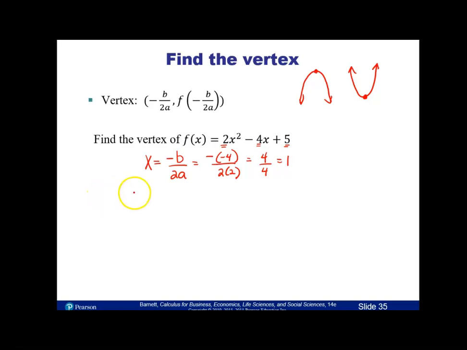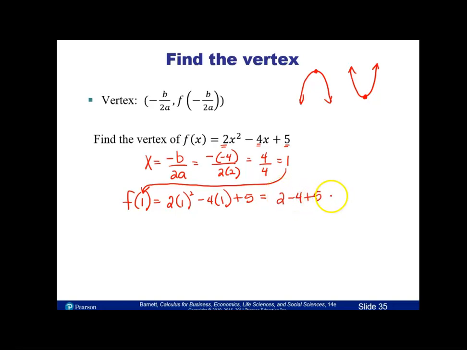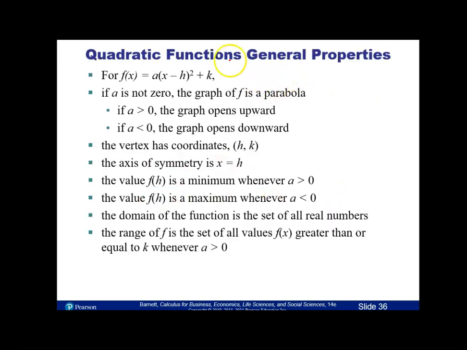Then we're going to just take that 1 and plug it back into the original function. So it'll be 2 times 1 squared minus 4 times 1 plus 5. So 2 minus 4 plus 5 is going to give me 3.